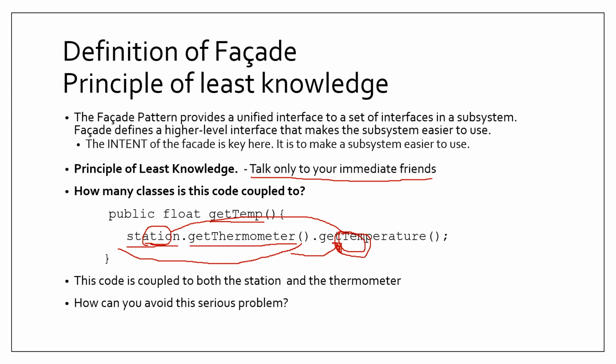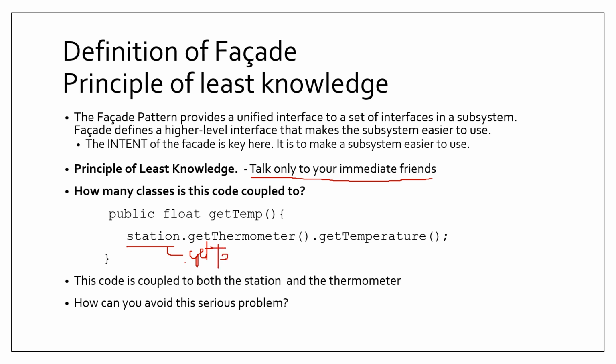And the solution for this is to go into the station code and, if people are going to need the temperature, we're actually going to encapsulate this in a getTemperature. I don't think I can write this very well, but I'll try. We'd have a station, and instead of a getThermometer, the station itself would have a getTemp.